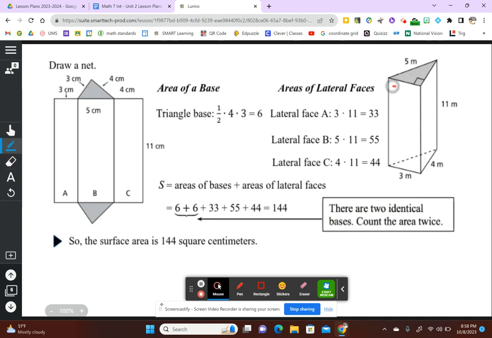Sometimes this might be sitting right here, and this looks like it's the height, but that's not how it works. You have to look for the parallel and congruent bases. Here again, you get 2 triangles, 3 rectangles. You add it together and you get 144.